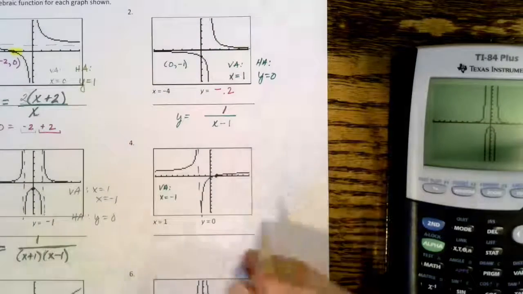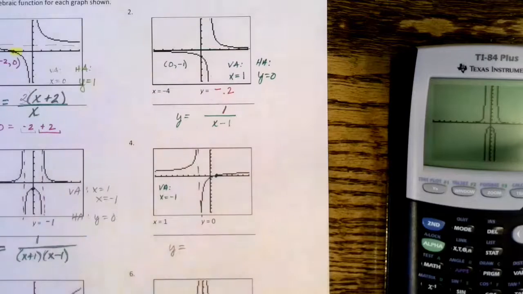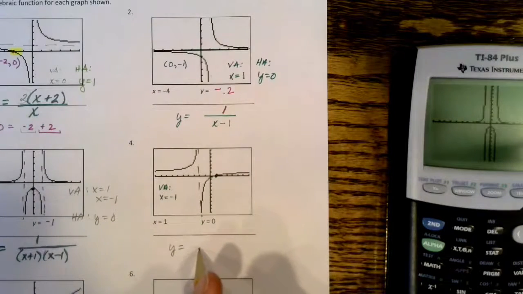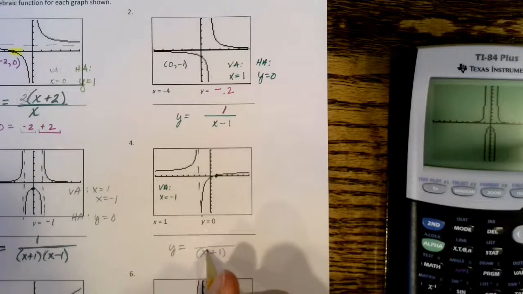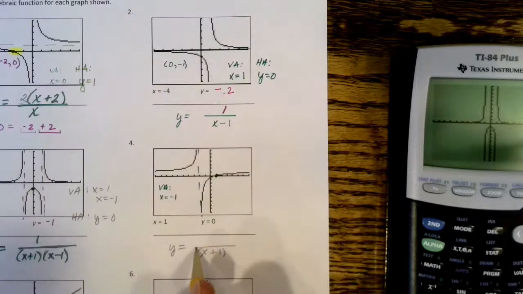So when I come down to work on building my function, I'm going to go ahead and put an x plus 1 in the denominator. Think about why that is. If x can't equal -1, that's what's going to make this denominator equal 0.